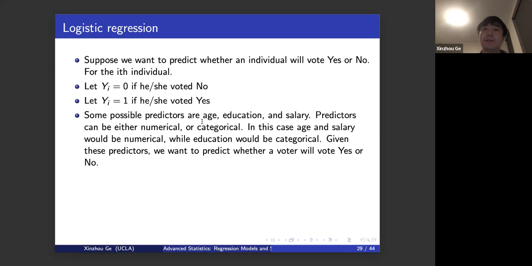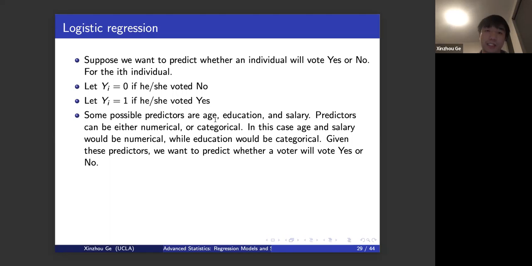And from our intuition, there are still many predictors that can be used to make this prediction. For example, age, education, and salary are factors that can affect the results of the vote.